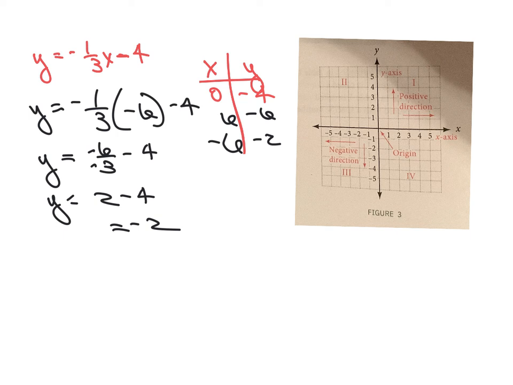So let's graph this. 0, -4. 6, -6. -6, -2. Okay, so notice what happened. This graph shifted -4. 1, 2, 3, 4 down. Same angle, everything as -1/3 x, but the negative sign means from the origin it goes down 4, and then you draw the line. All right, we'll continue this with the next video.